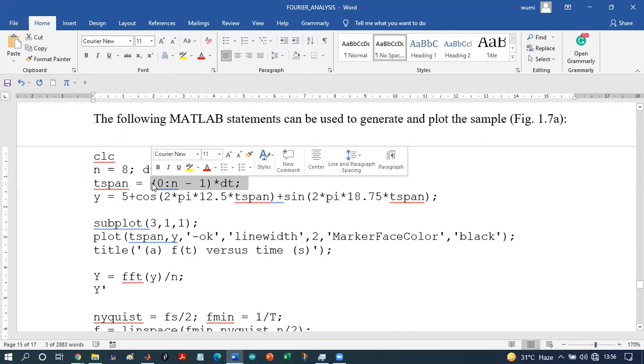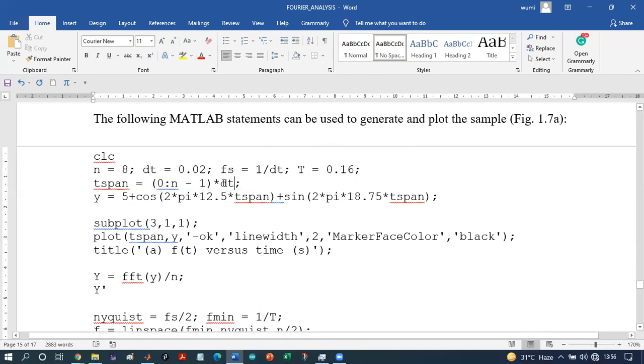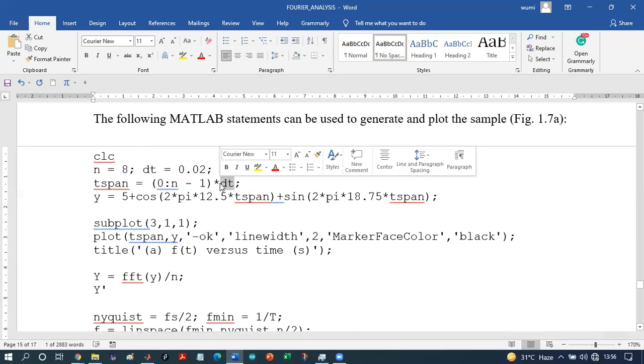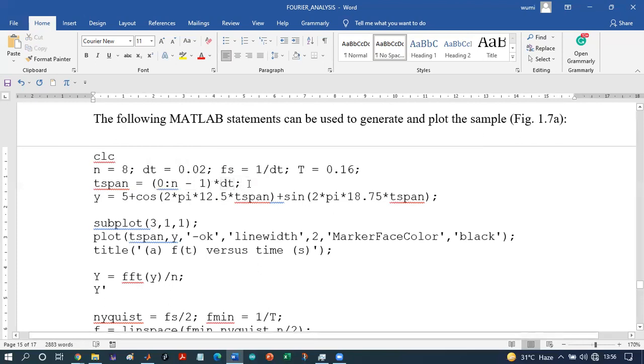So in steps, you are starting at 0, ending at 0.14, but in steps of the t. So that's why you have 0.02 here, 0.04, 0.06, 0.08, 0.1, and 0.12. So that's what this line is actually all about.